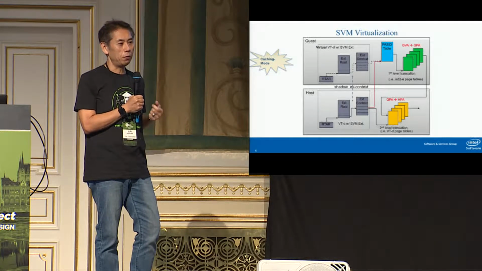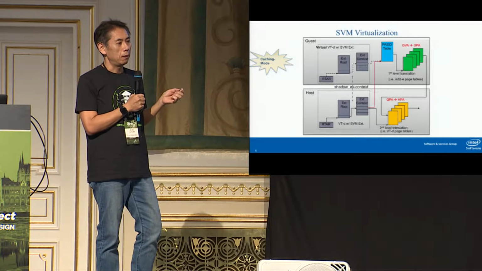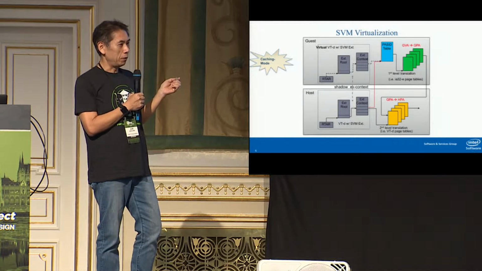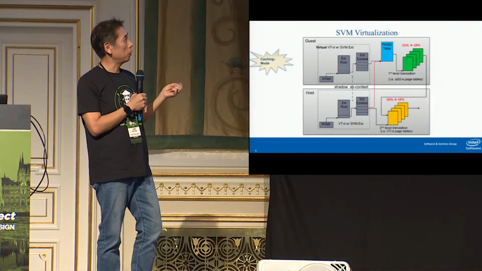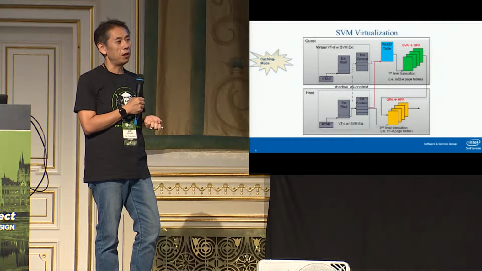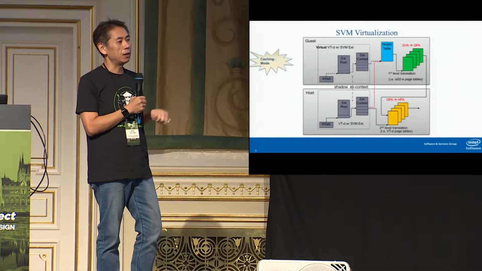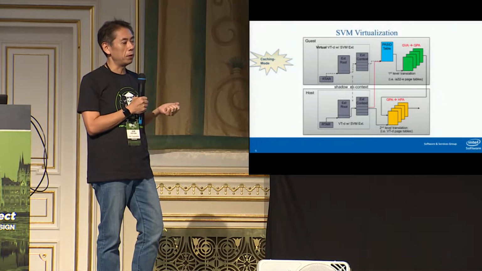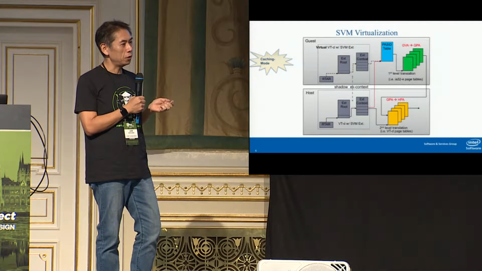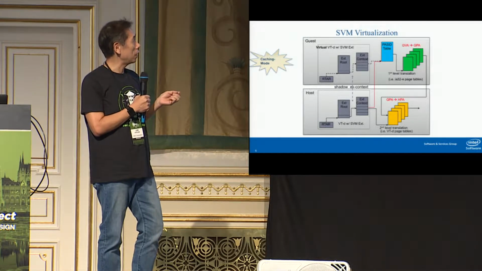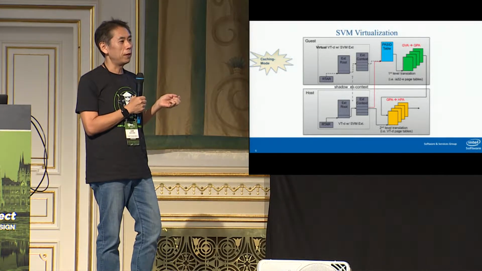You probably remember the complexity of the shadow page table for x86. One way to implement it is to write protect the page table in the guest, and then reflect the modifications back to the shadow page table. But that's not really optimal for the VTD, because usually guests don't modify the VTD very frequently. But in SVM, it's possible you modify more frequently.